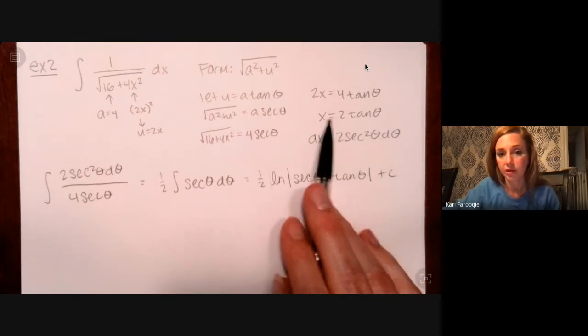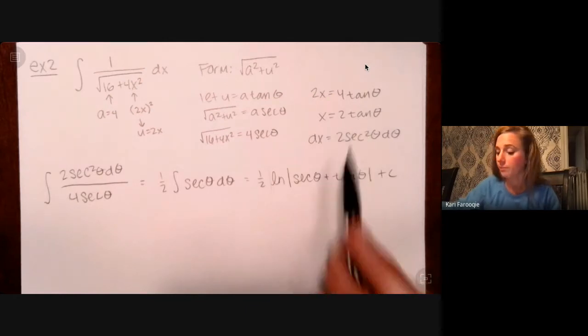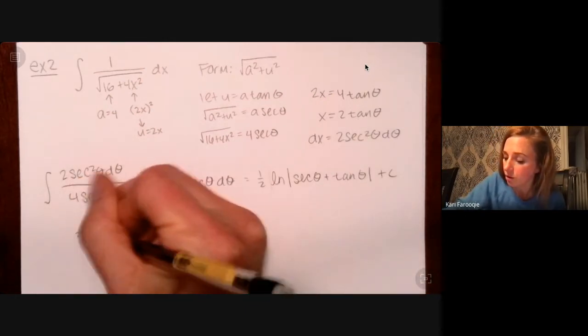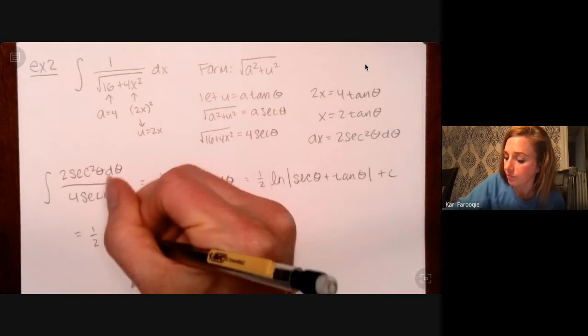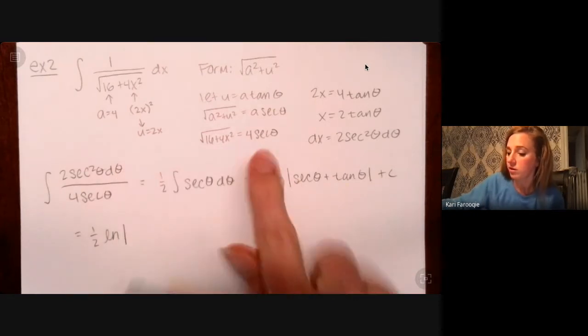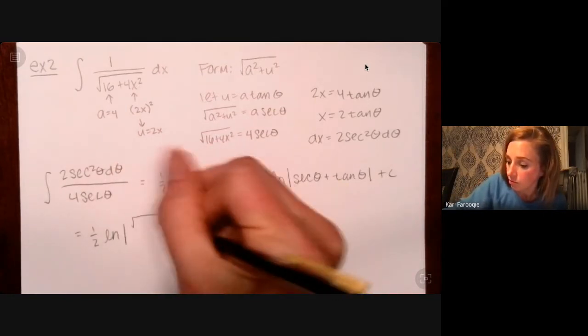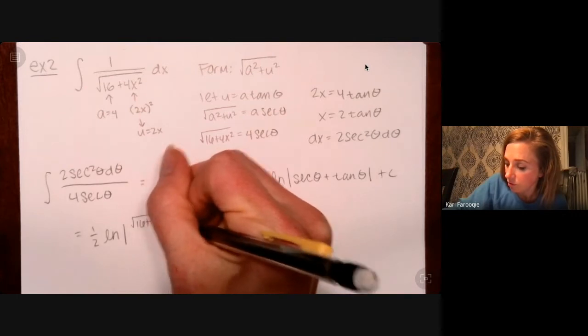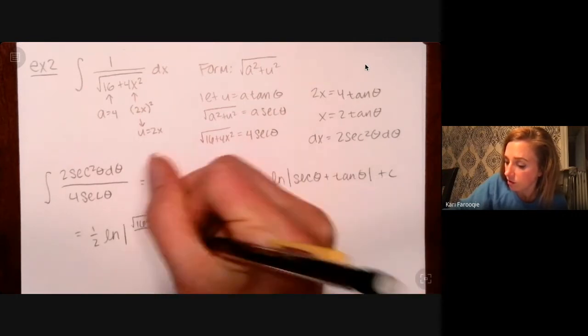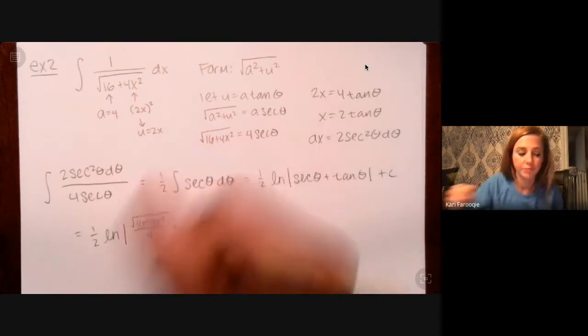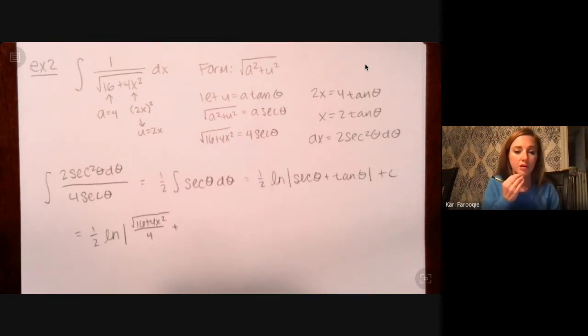So I know that x equals 2 tan theta, so x over 2 equals tangent theta. So when I back substitute, my secant theta is the square root of 16 plus 4x squared divided by 4. For my tangent, I have x over 2.